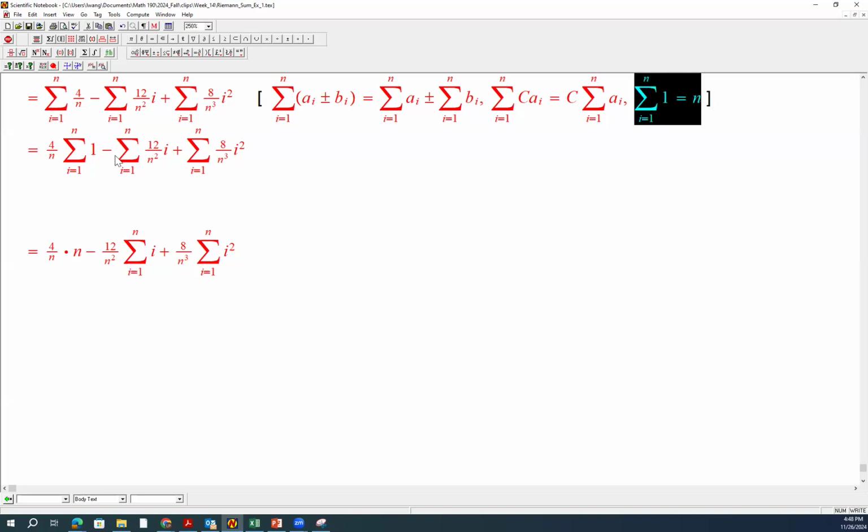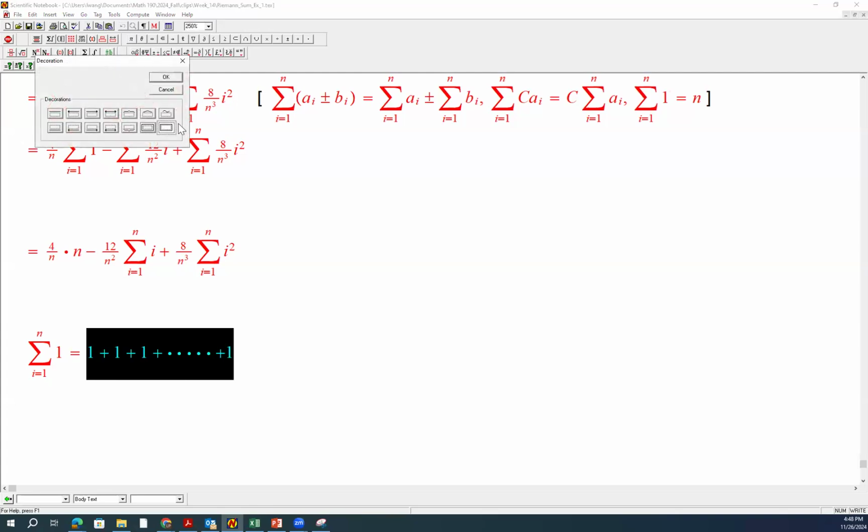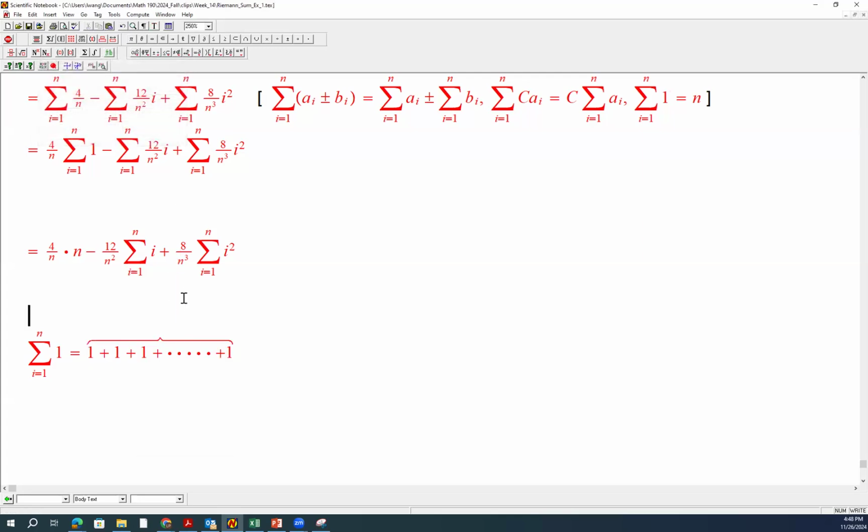We got into a situation where this piece is turned into n, because what does this piece mean? This piece means 1 plus 1 plus 1, plus, and so on, 1, n times.